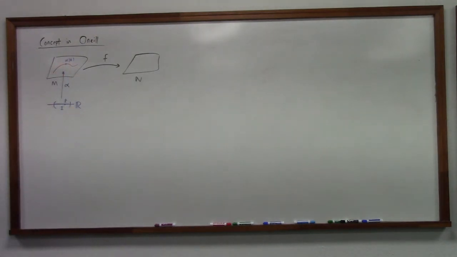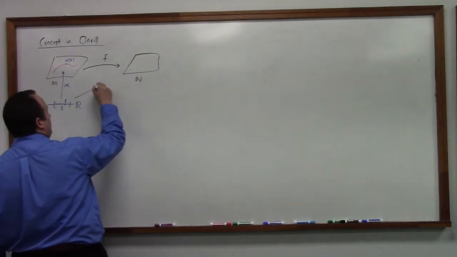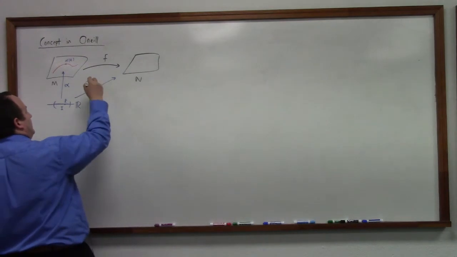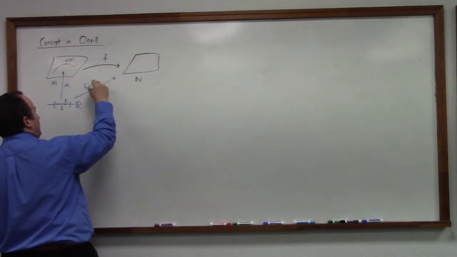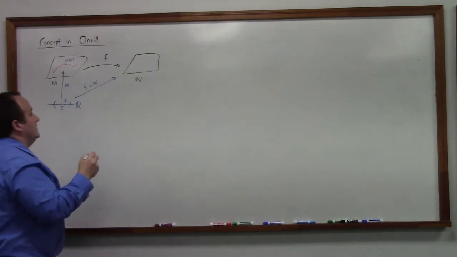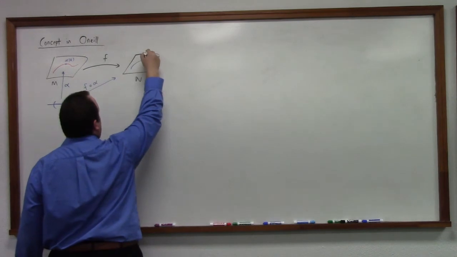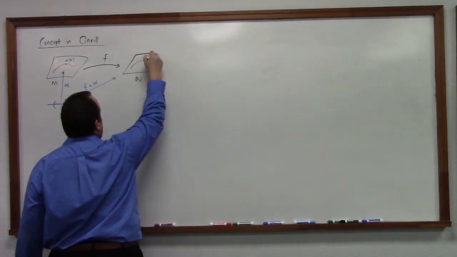That's what a parameterization is. So you could also go from here over to here like that. You could take F composed with alpha. F composed with alpha would also give you a path over here, right? And a typical point in the path would be something like F of alpha of t.